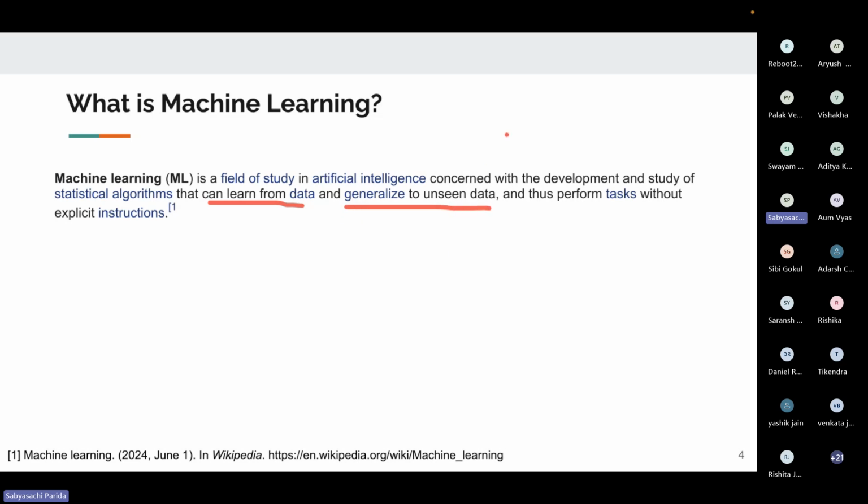So what we are trying to do is, on a sample of data which we have with us, make someone learn from it so that it can generalize to the unseen data in the outside scenario, and thus perform tasks without any explicit instructions.